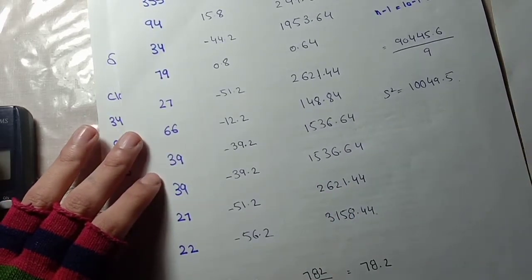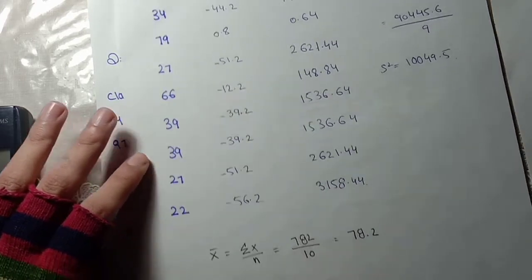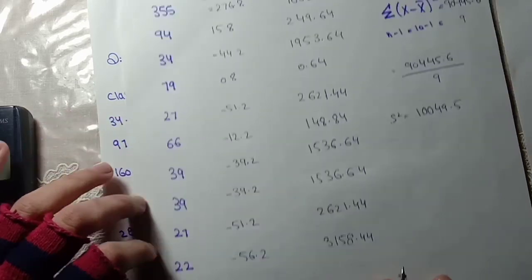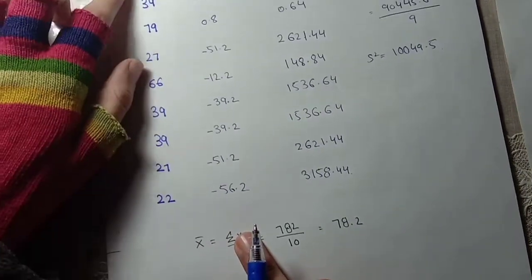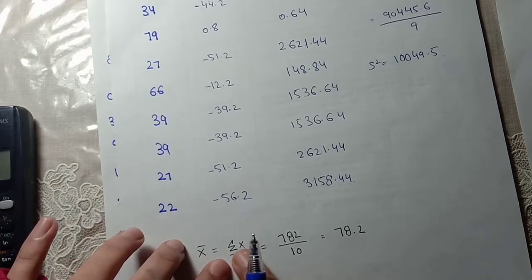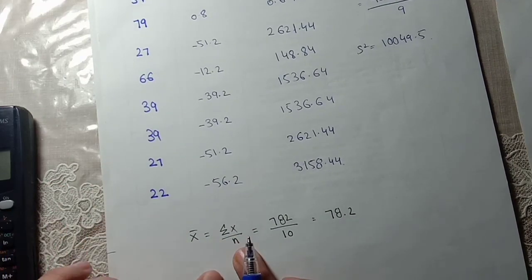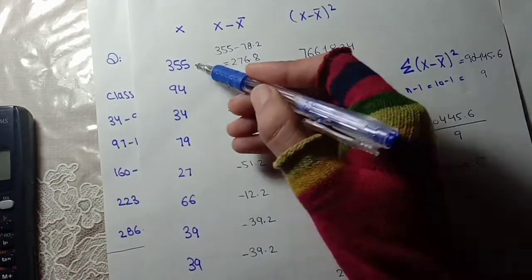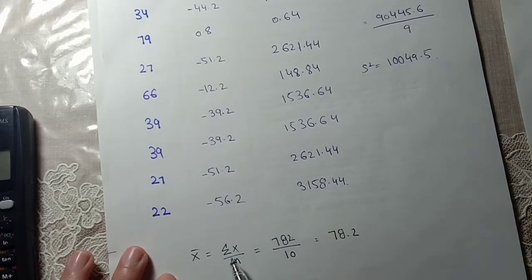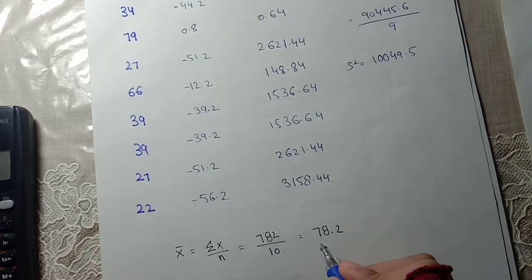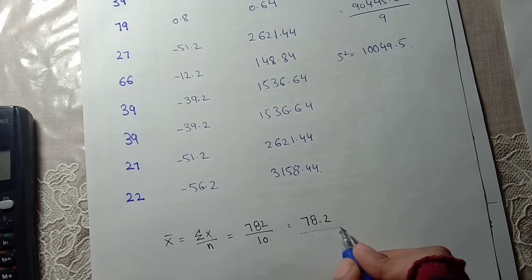So how to find the sample mean? It is simply the summation of the x column, adding all of these values and dividing by the total number of values, which is n. When we add all of these values, we get 782, divided by 10. The sample mean is 78.2.